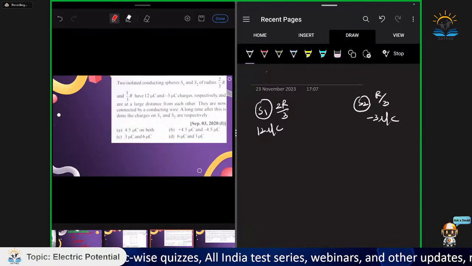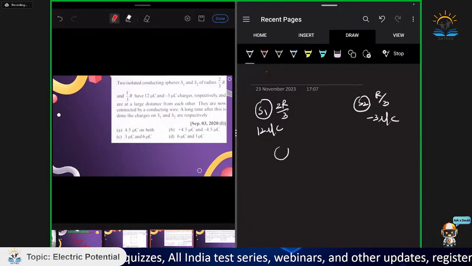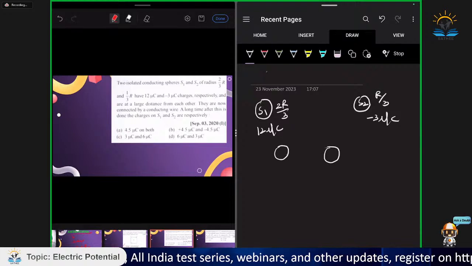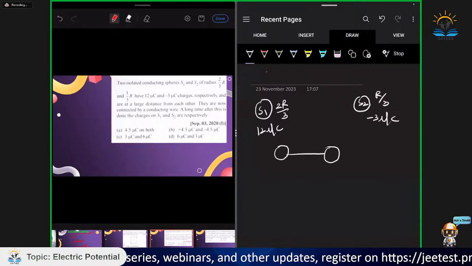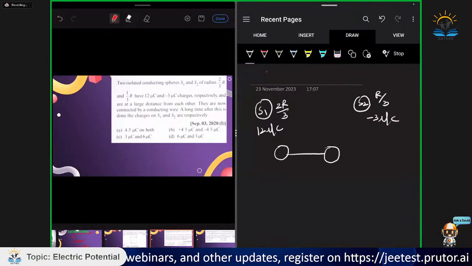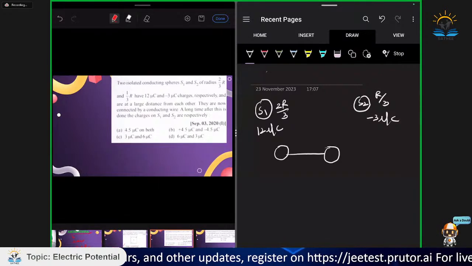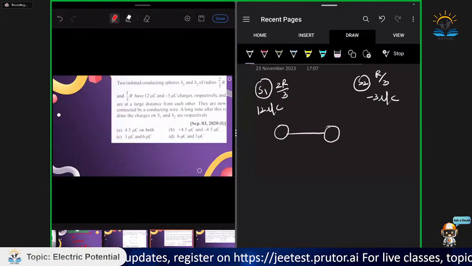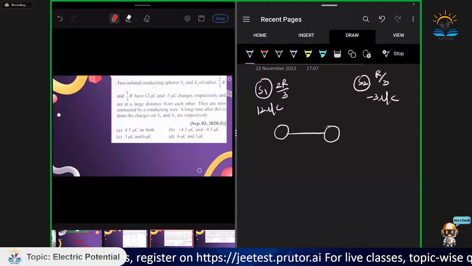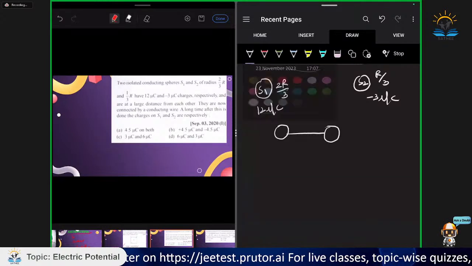They are now connected by a conducting wire. A long time after this is done, the charges on S1 and S2 are respectively? So after connecting the conducting wire, what will happen?